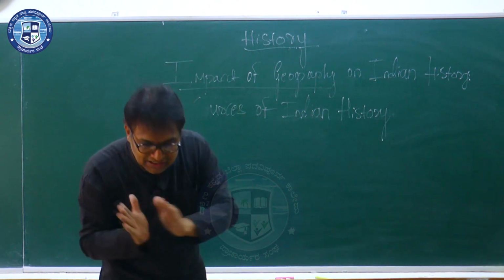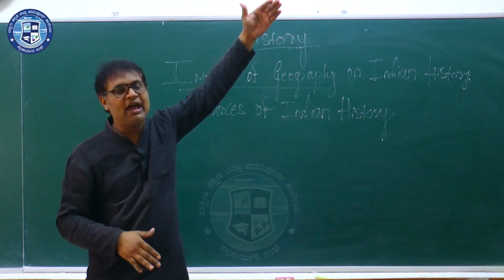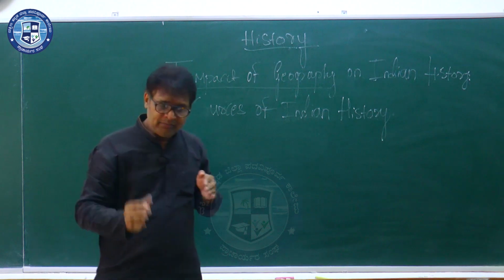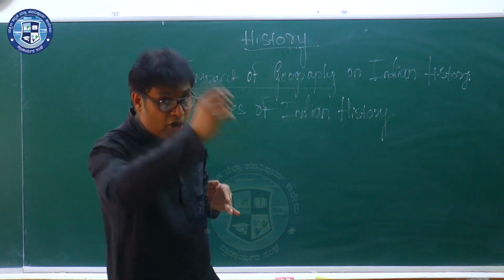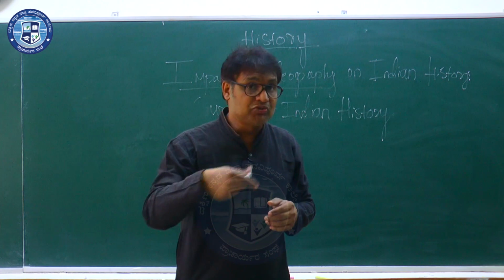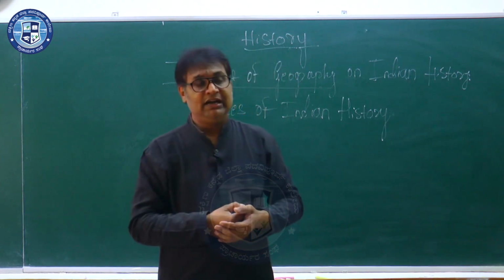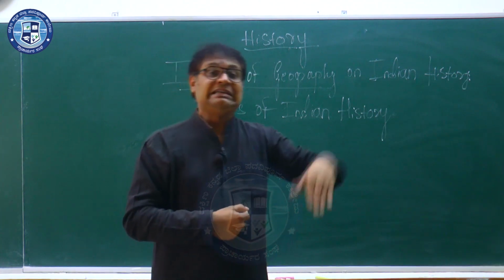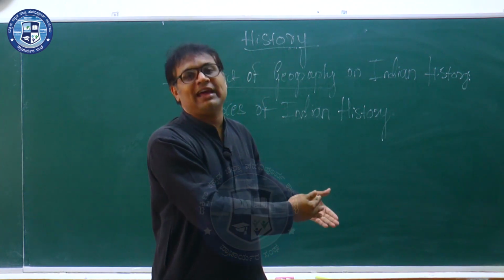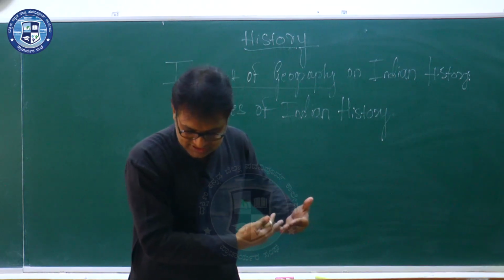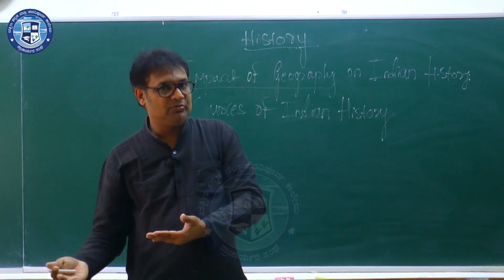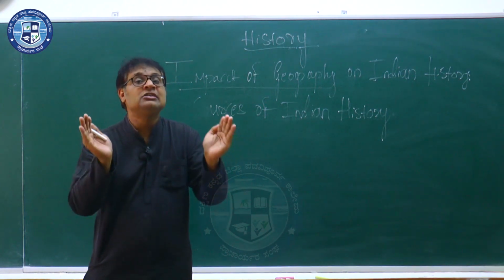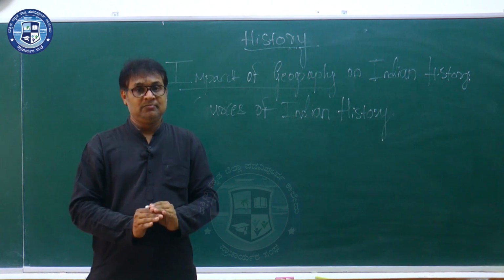Next is the northern plains, and then dense forest, desert, coastline, that is oceans, and the Deccan Plateau. These are our main and important physical features.